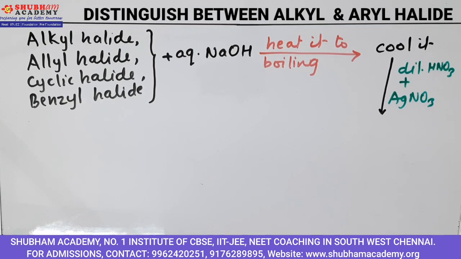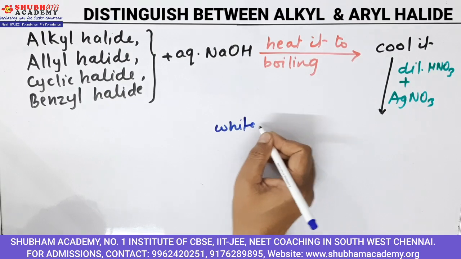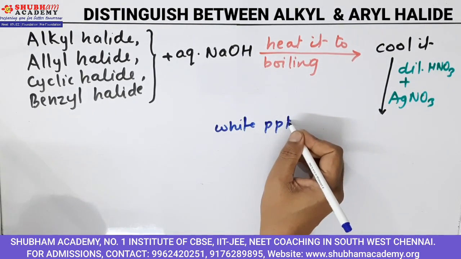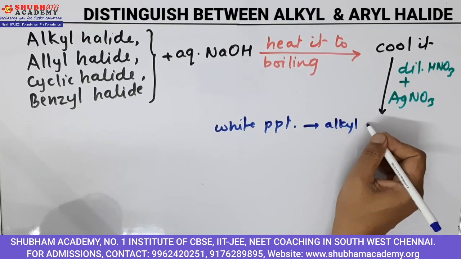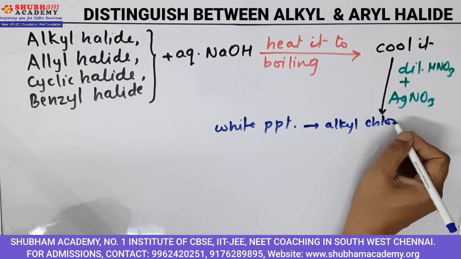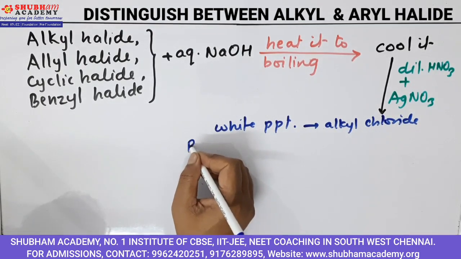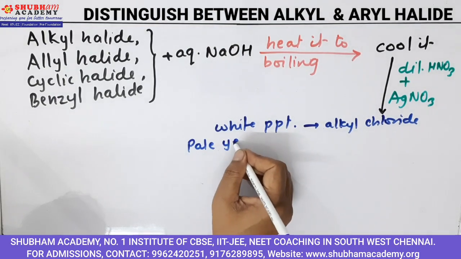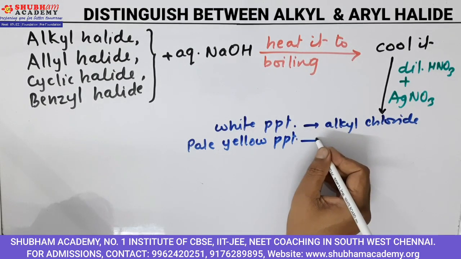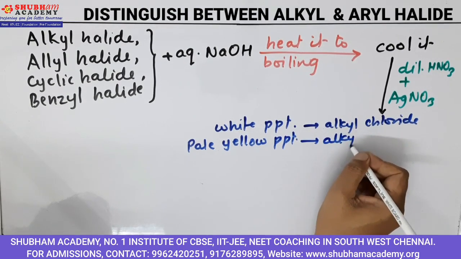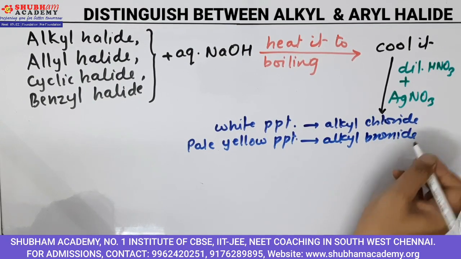Now if you get white precipitate, right, it indicates alkyl chloride, okay? If you get pale yellow precipitate, it indicates alkyl bromide, okay?